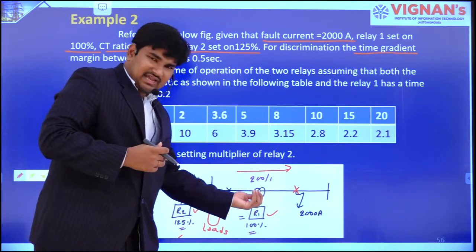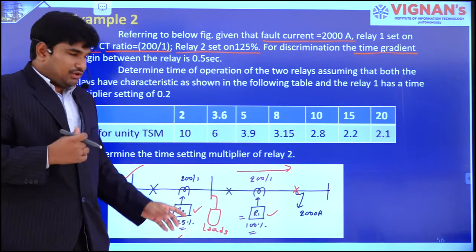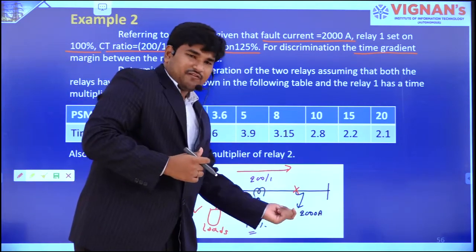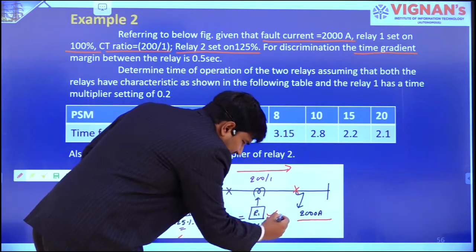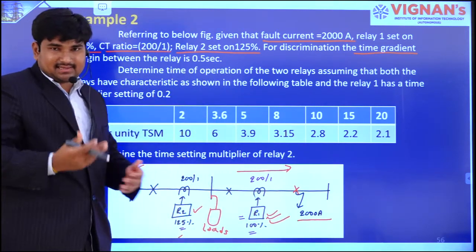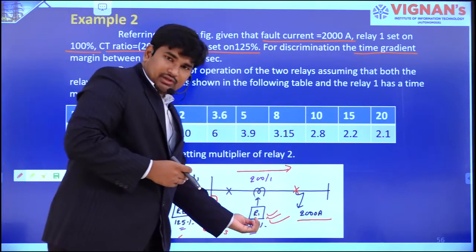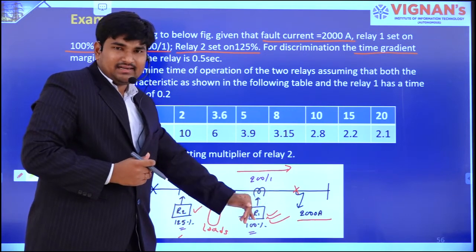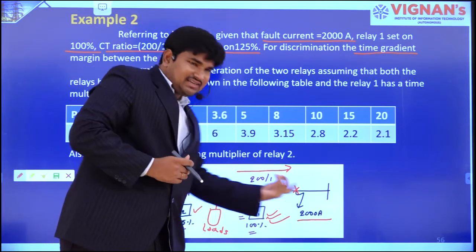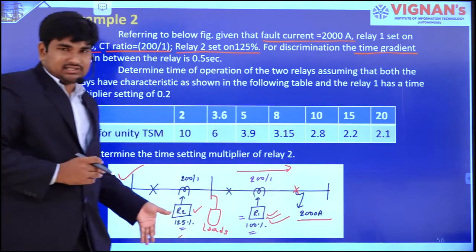Now if I provide some time delay between these two, because the fault occurs here, relay 1 operates instantaneously. Because of this relay, the circuit breaker will open, so the faulty section is isolated from the healthy section.